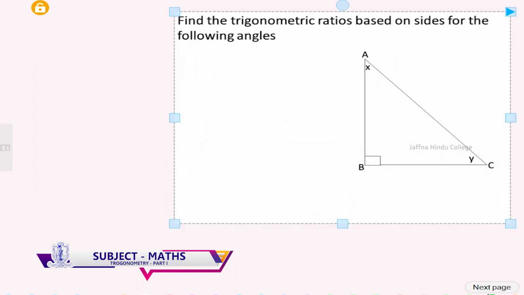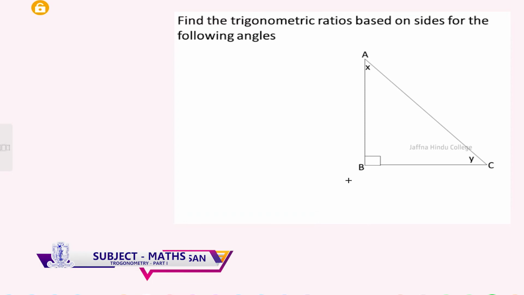Now write the functions for the angles x and y. If you do more questions, it becomes familiar to us, so write more and remember. Let's take this x. Sin x is opposite side by hypotenuse, therefore opposite side BC, and the hypotenuse, the side opposite to the right angle, is AC.